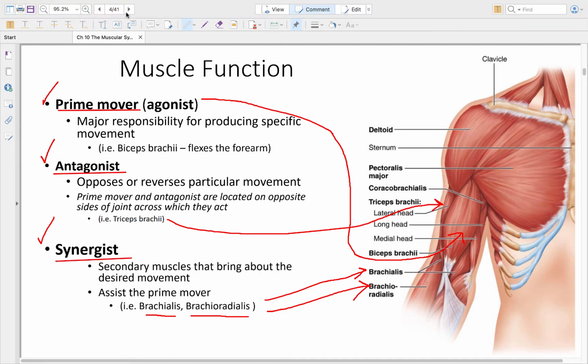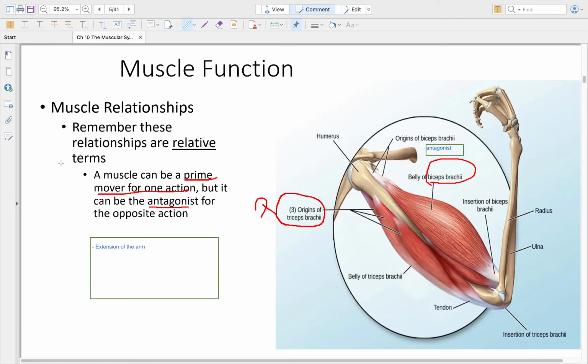When we're discussing one action, in this case flexion of the forearm, the prime mover for this action can be an antagonist for another action, which is what we're discussing here.